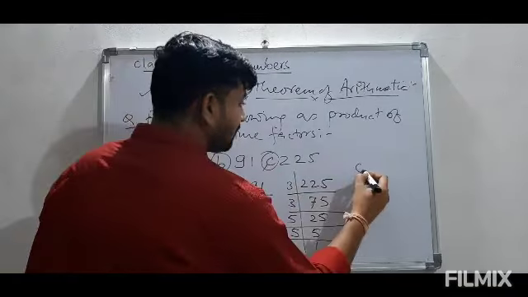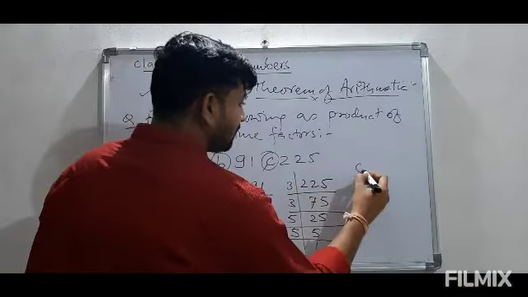But as we studied in our last lecture about calculation of HCF by using Euclid's division lemma, here we are going to use the fundamental theorem and we will find out the HCF.